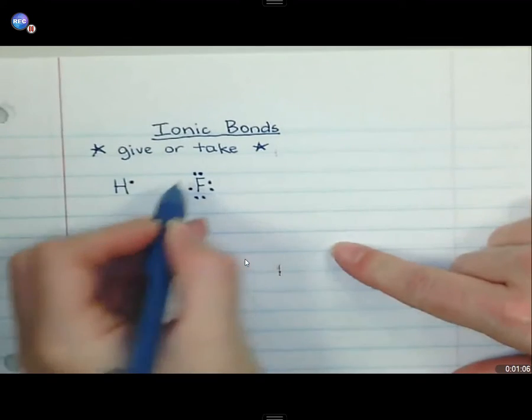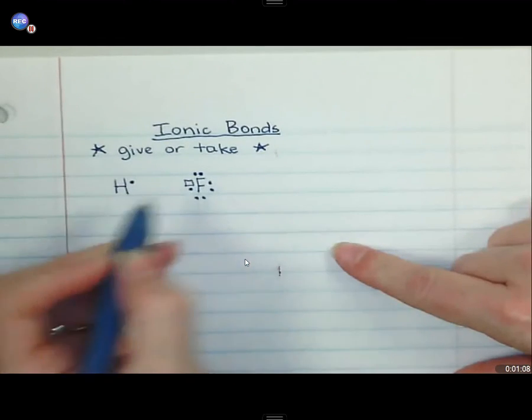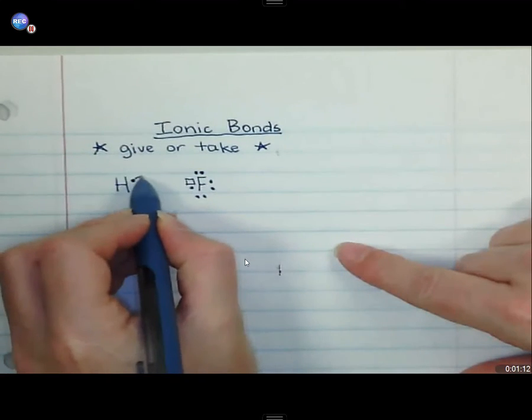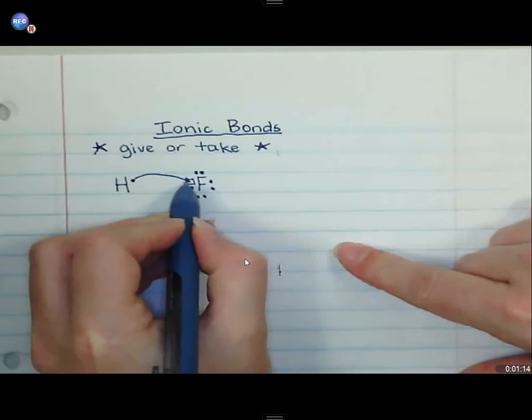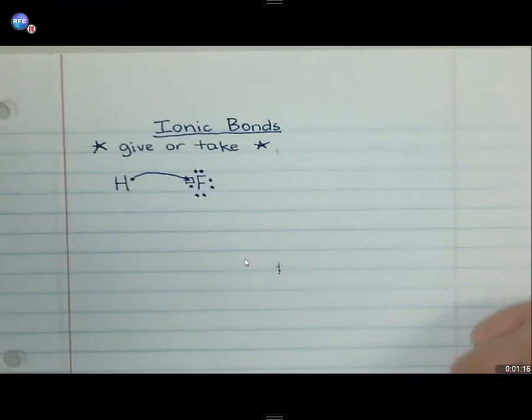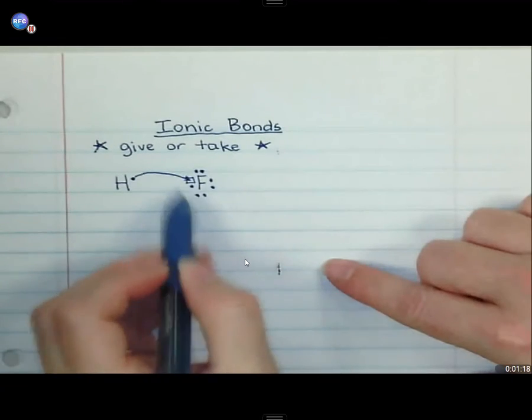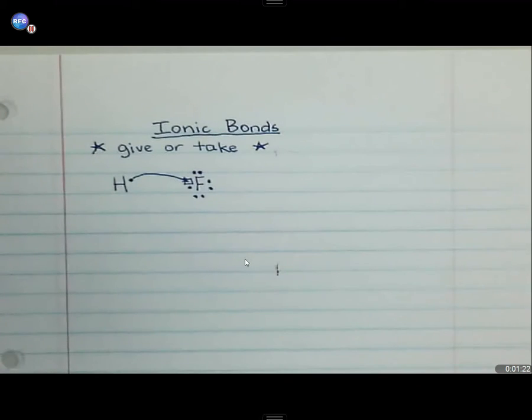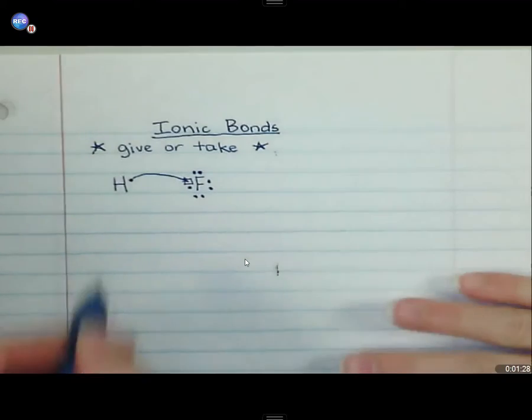Well, right now we have 7, so we're missing 1 to make it full and happy. This guy actually has 1, so he is going to give it to fluorine. And when he does, now fluorine is full and happy, and he doesn't have this 1 extra electron floating around messing it up. When that happens though, it makes ions.